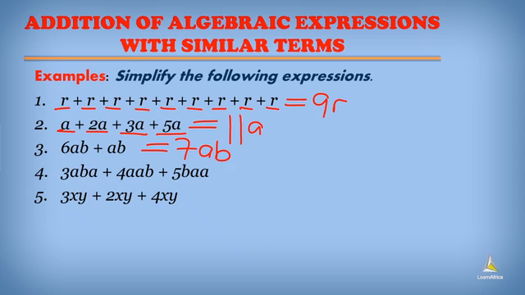All right. Now here we have a situation that looks somehow different. We have 3ABA plus 4AAB plus 5BAA. What do you think? Could these be similar terms? That's 3ABA, 4AAB, and 5BAA.